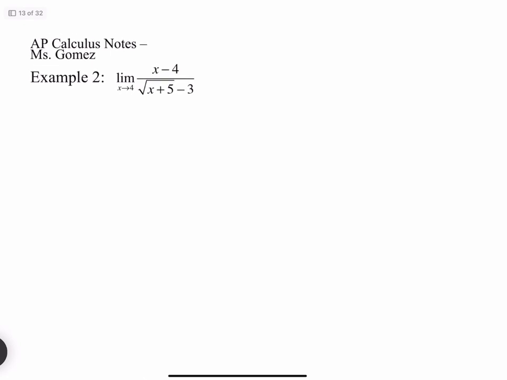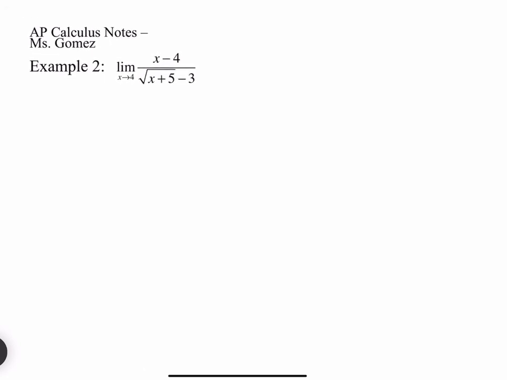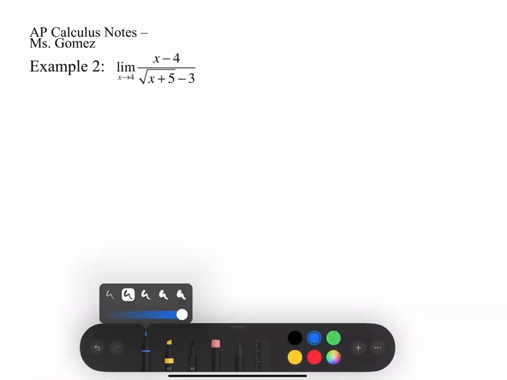I can't factor. I can't use direct substitution because if I plug in 4 in here, I'm going to get 4 plus 5 is 9, and the square root of 9 is 3, and 3 minus 3 is 0. That's undefined. So I'm going to use this idea of the conjugate once more.